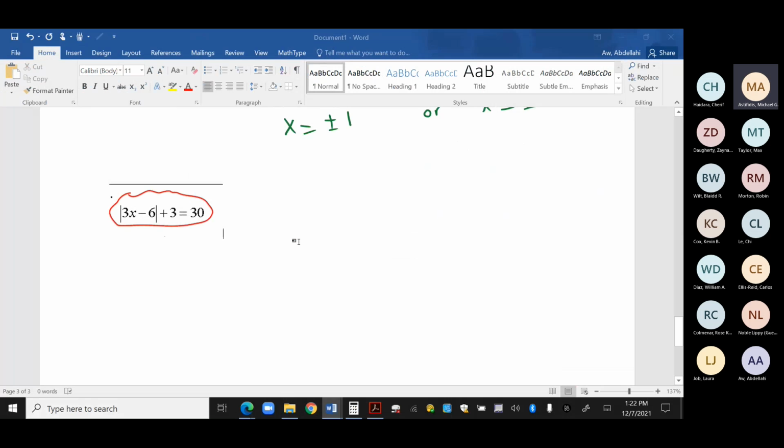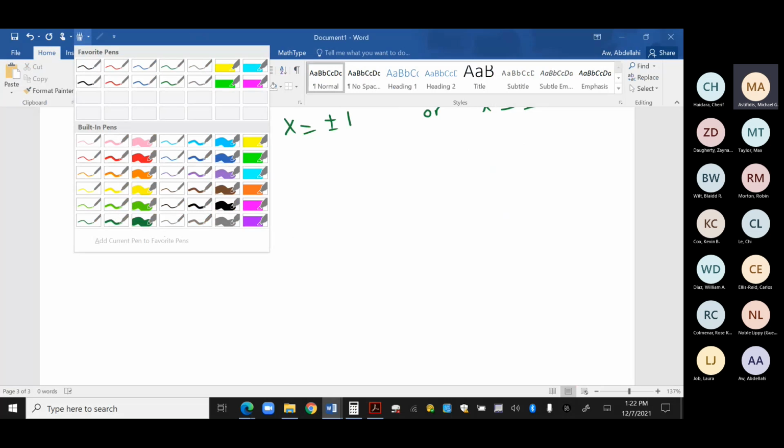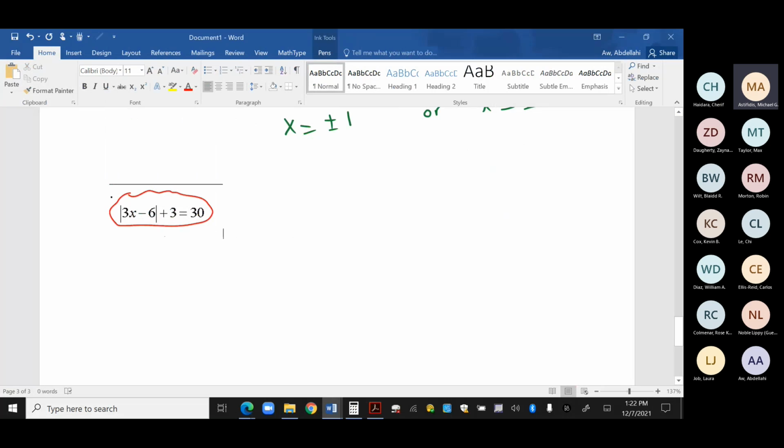So remember what you do. Before we break it down into a couple of equations, we need to have the absolute value by itself, right? So we're going to subtract 3, so we get 3x minus 6 equal to 27, right? Now, do you remember what we used to do?